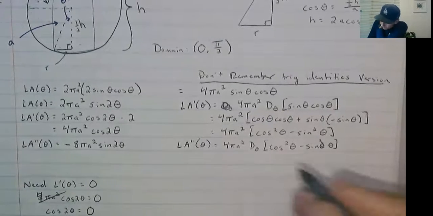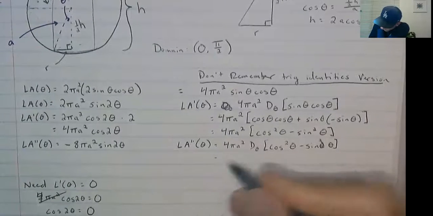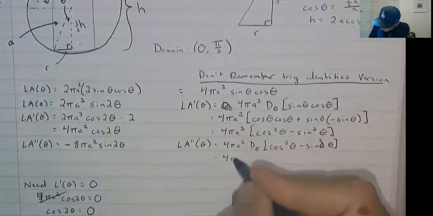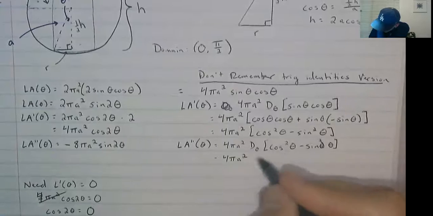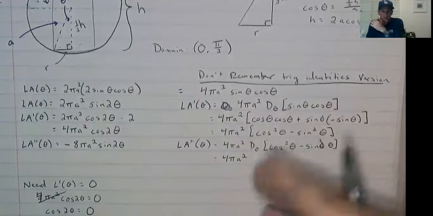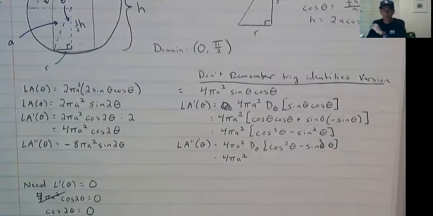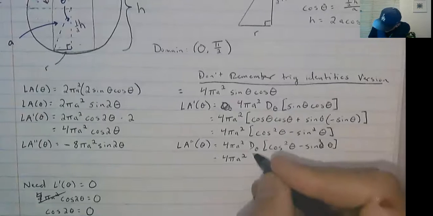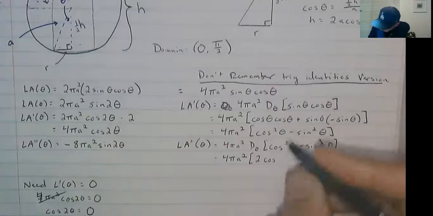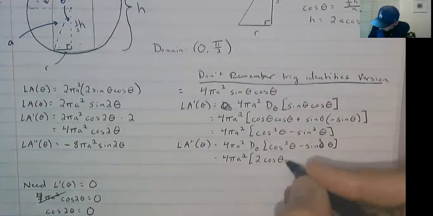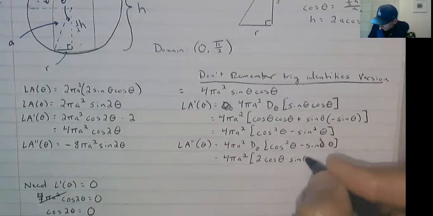It's okay. It's been a long day. 4 pi a squared. Derivative of this guy, remember that cosine squared theta is really like cosine theta squared. So that's a composite, which means that that'll turn into 2 times the cosine of theta, but then chain rule busts out a sine of theta.